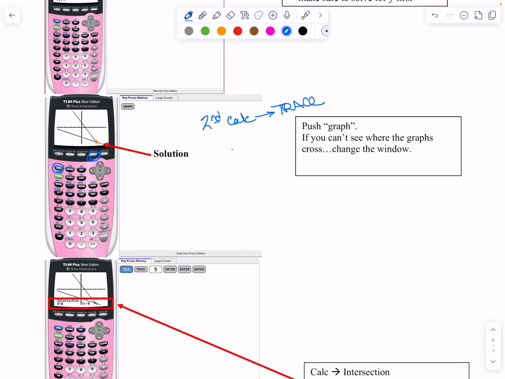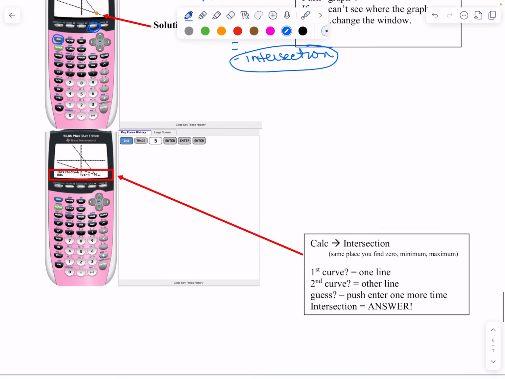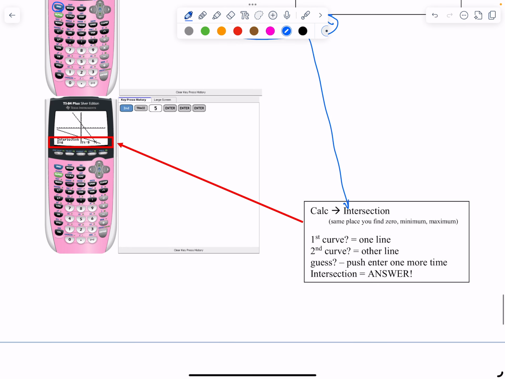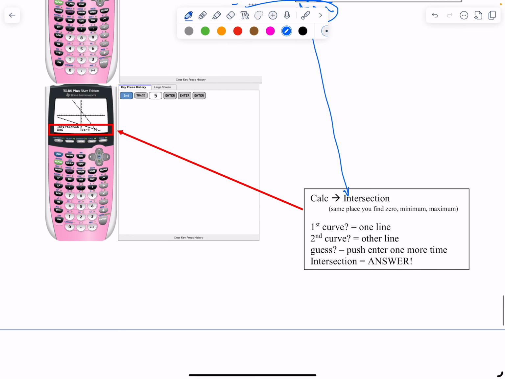Anyway, you've got a list sitting there. Okay. So you go to the one that says intersection, right? And that's the one you click on, intersection. That's what this is telling you to do, right? Intersection. And then these are the questions it's going to ask: first curve, second curve, and guess. And then it will give you the answer.